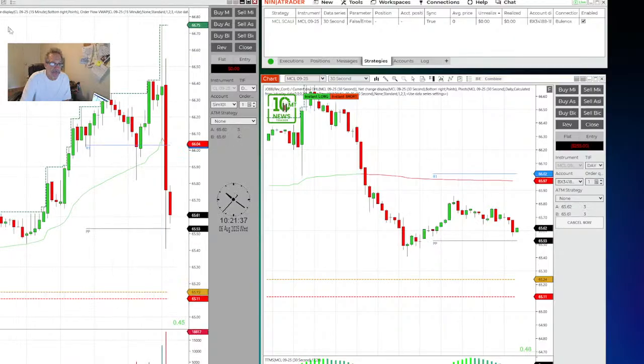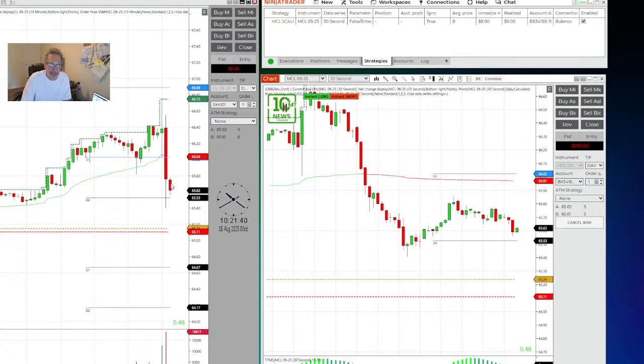Looking at a 15-minute chart, we've had a bearish moment, okay? We've had a bearish moment at 10 o'clock. There might have been something that was said at 10 that we weren't paying attention to, close to 10.